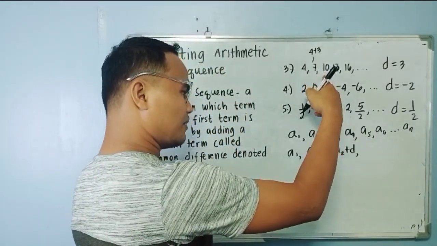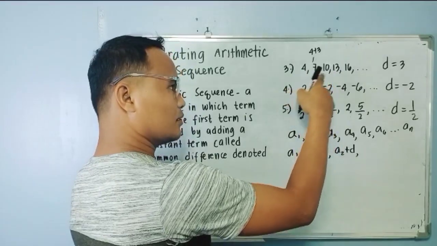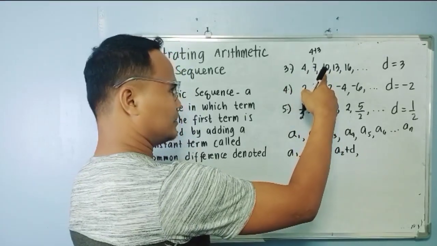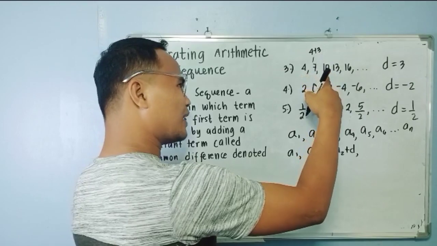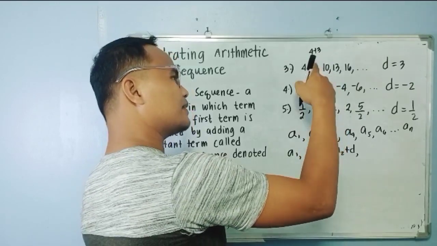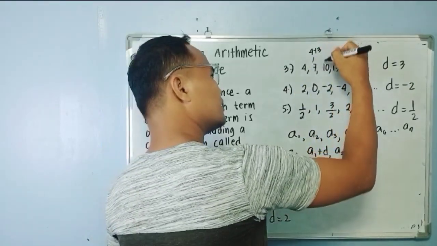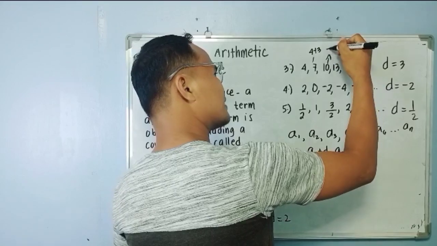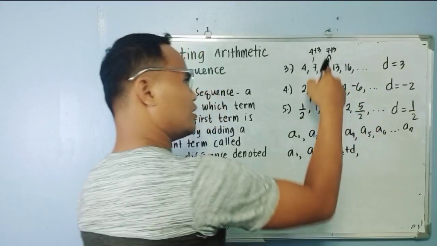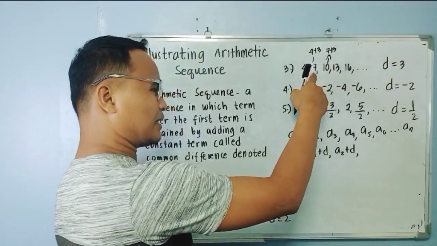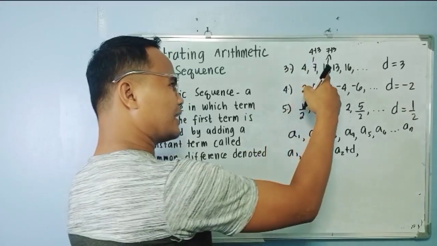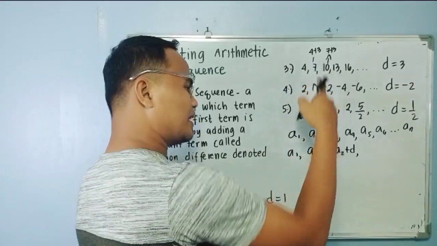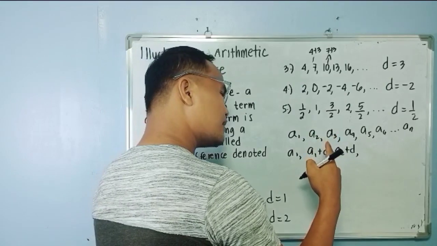Observe in example number 3, 10 is obtained by adding 3 to 7. So we can say that 10 is 7 plus 3. And what is 7? 7 is the second term. Therefore, we obtain the third term by adding the common difference to the second term.